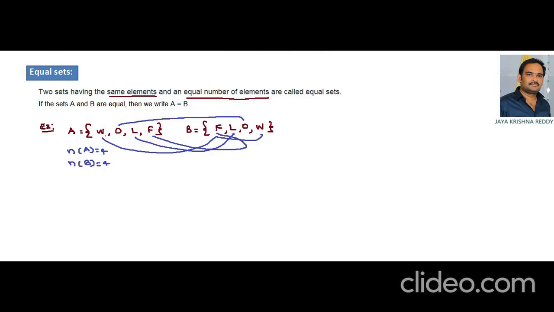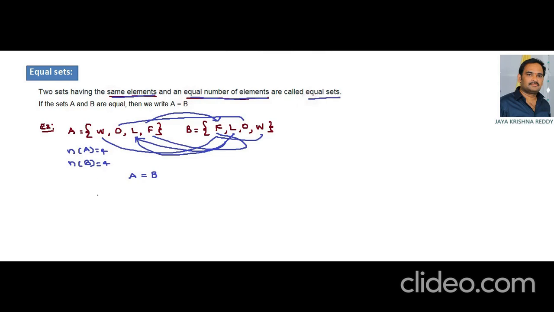That means all the elements of set A belong to set B and all the elements of set B belong to set A. So we can say that these two sets are equal. So we can write A equal to B. Okay, again you can remember the definition. Two sets having the same elements and equal number of elements are called equal sets.